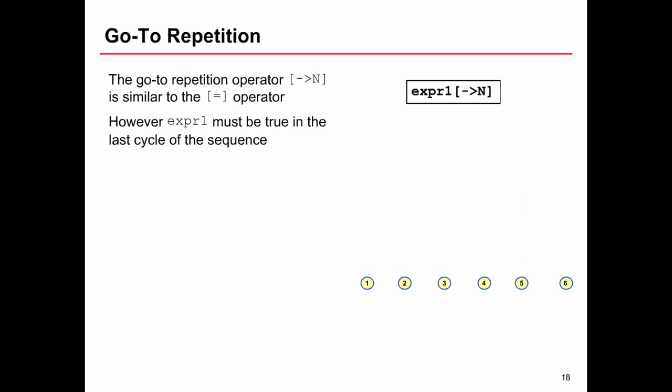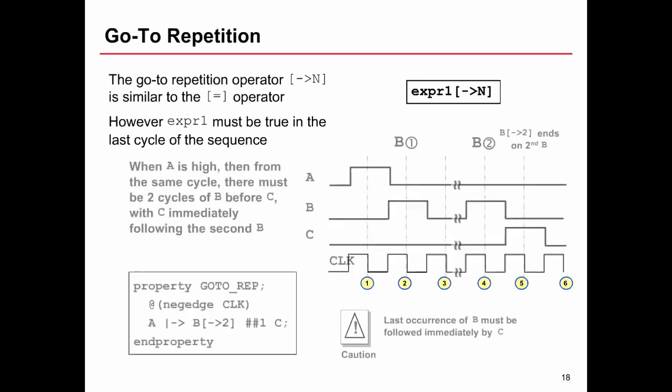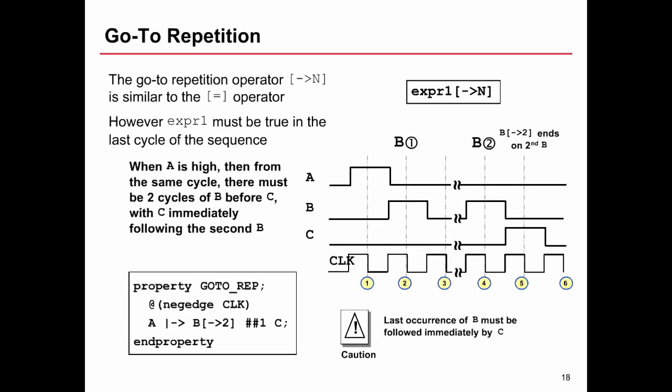Another sequence operator, go-to repetition, is expressed by a right-hand pointing arrow comprised of the 2 symbols shown. This is very similar to the non-consecutive repetition we saw on the previous slide. In the property whose name is go-to rep, you can see the expression of the property is exactly the same as the previous one on the previous slide.